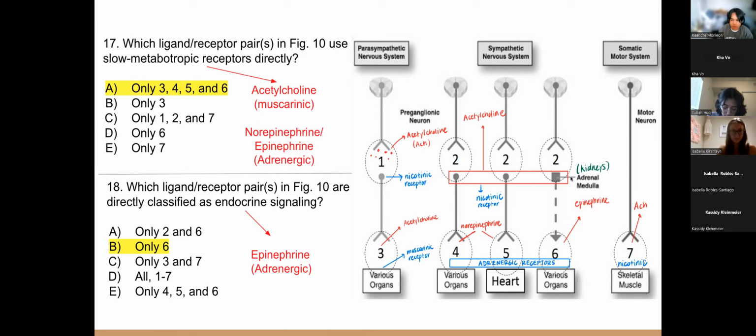In 6, the binding of acetylcholine to this nicotinic receptor on the adrenal medulla causes the secretion of epinephrine, and epinephrine is going to travel through our bloodstream to our effector organs to cause the fight or flight response. It's not necessarily 2 and 6, because 2 is not endocrine, it's through synapses, through synaptic transmission. So in this case, it's just 6 for endocrine.